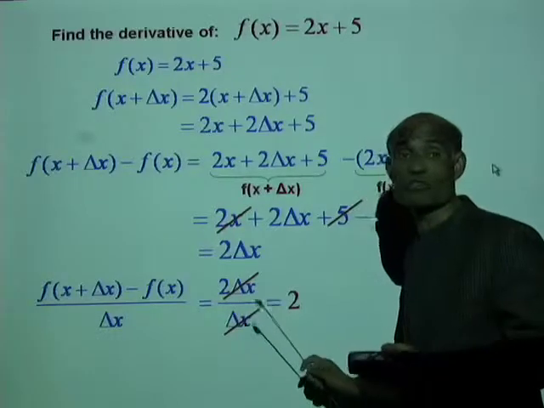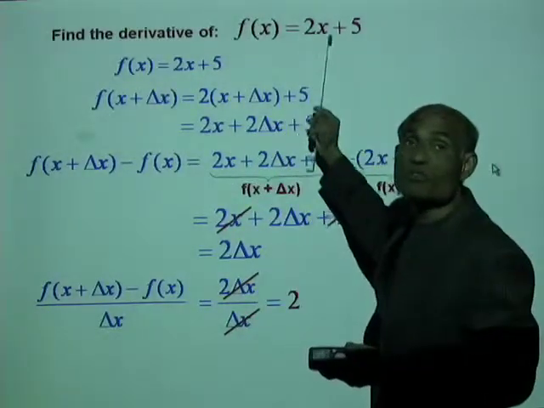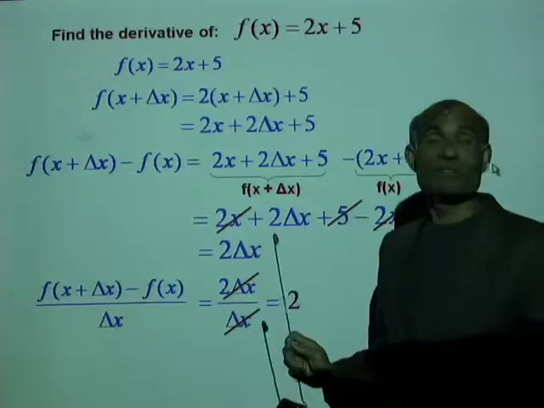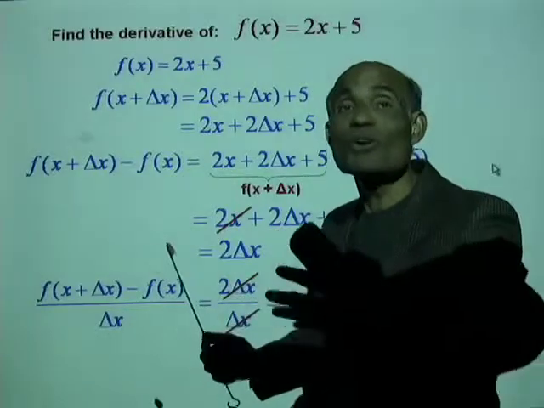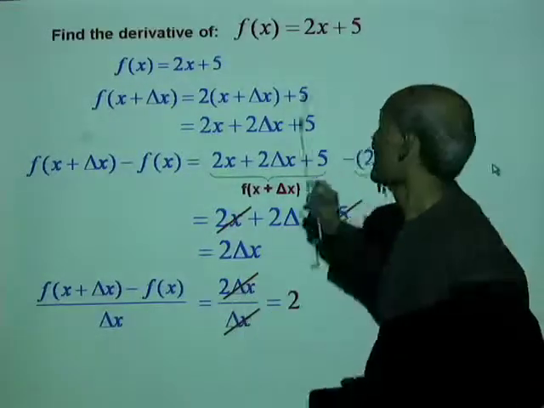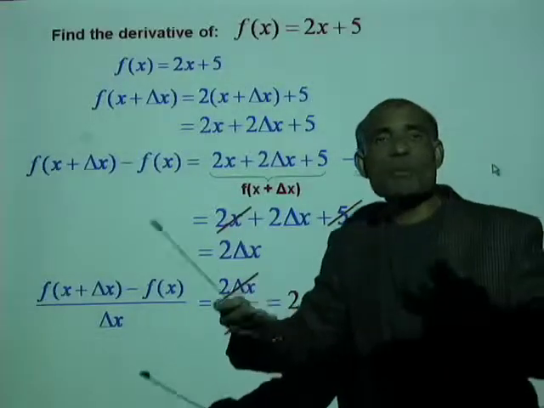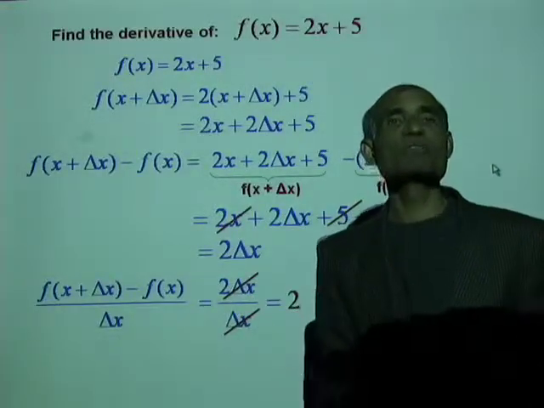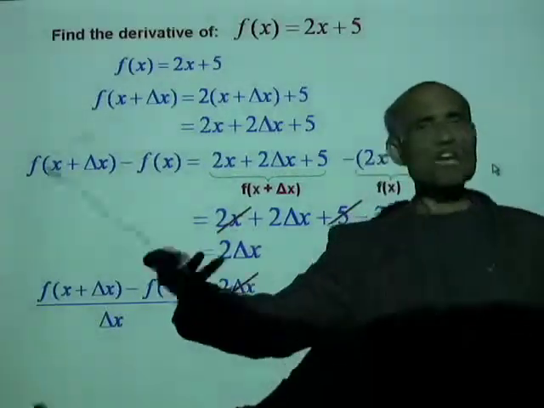And one more thing I want you to notice. The derivative of f of x equal to 2x plus 5 is 2. And the derivative of f of x equal to 2x also is 2. That means this constant number really does not play a role in the derivative of a function, because a constant does not change.